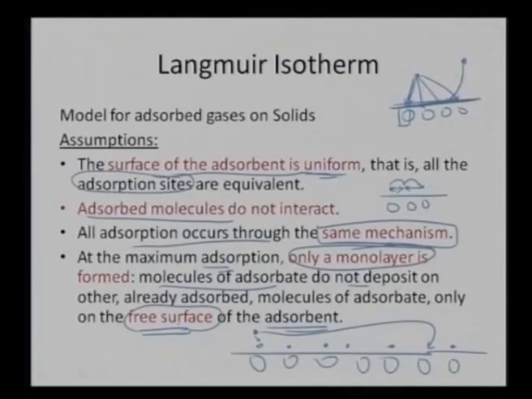So this poses certain limitations: we assume that the surface of the adsorbent is uniform and adsorbed molecules do not interact, whereas practically these adsorbed molecules can start interacting with one another. That is a possibility, but we say that adsorption occurs by the same mechanism, forms only a monolayer, and newly arriving species can sit only on a free surface.